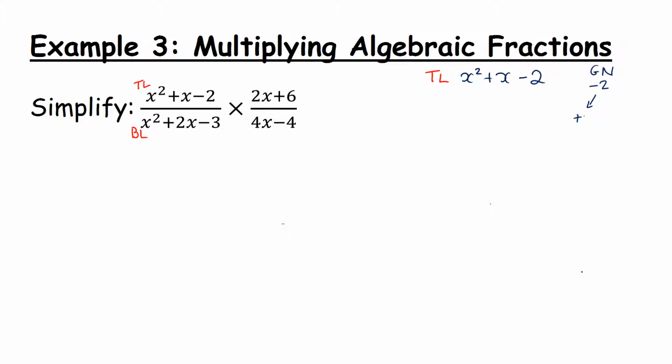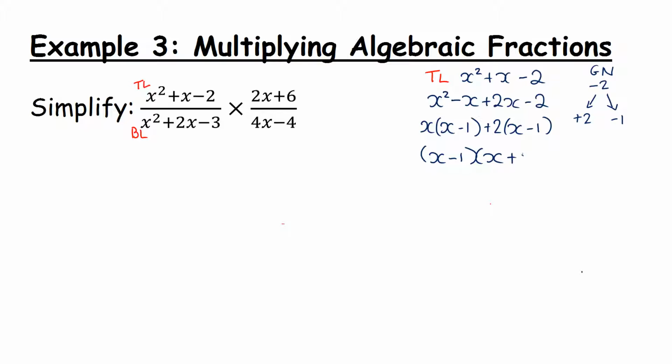So if I have a plus 2 and a minus 1, I'll be able to rewrite this as x squared minus x plus 2x minus 2. My x is common in the first instance, so x minus 1, and a plus 2 here, x minus 1. My check is, are both my brackets the same? Yes, they are, so they're common, so let's pull them out, and x plus 2. So that's my top line factorized.